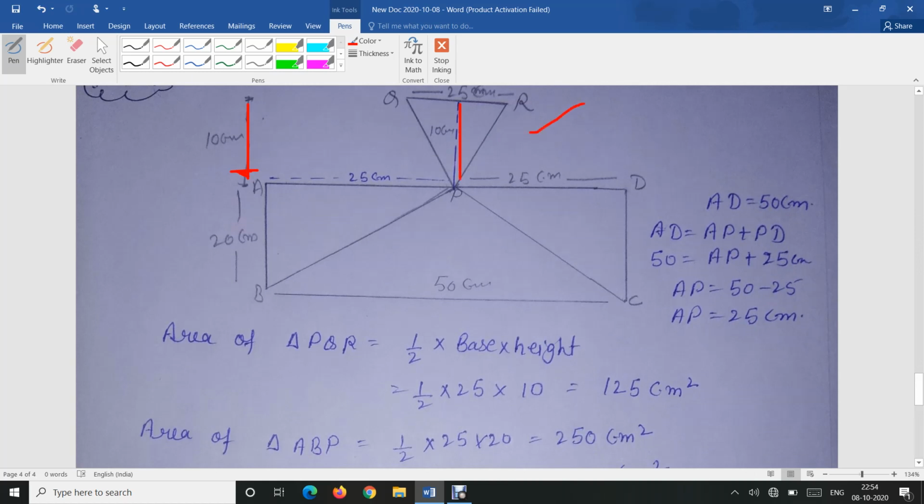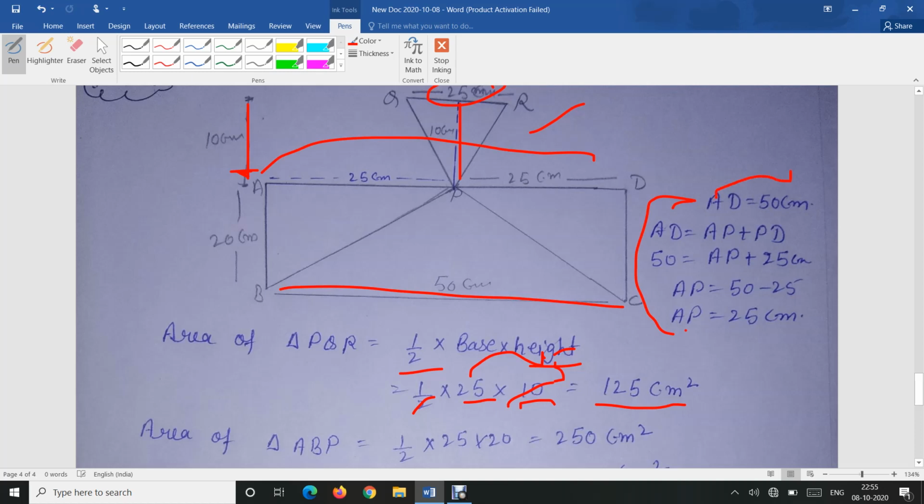So first of all we are finding out the area of triangle PQR, which will be equal to half multiplied by base multiplied by height. In this case base is 25 centimeter and height is 10 centimeter. So 2 5s are 10, 25 multiplied by 5 is 125 centimeter square. If the total BC is 50 centimeter, then obviously AD will also be 50 centimeter, and AD is equal to AP plus PD.